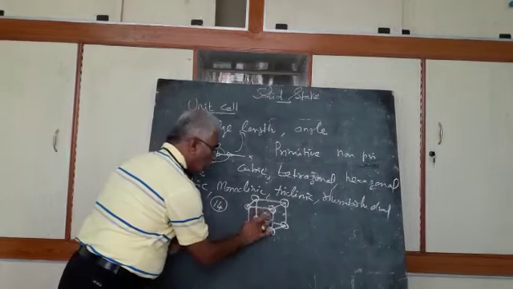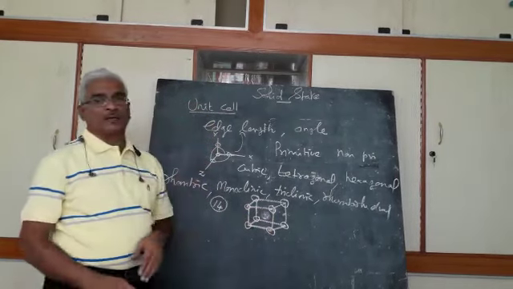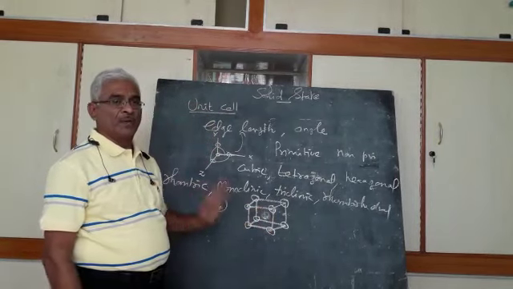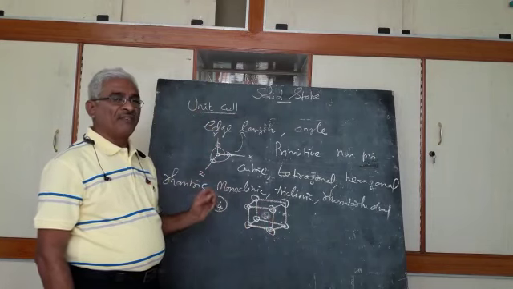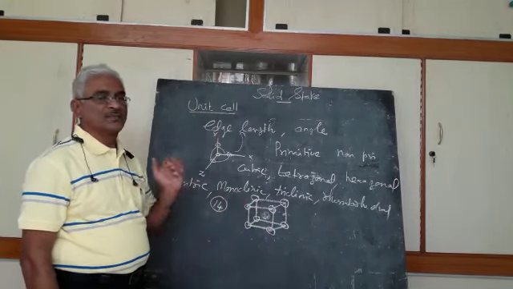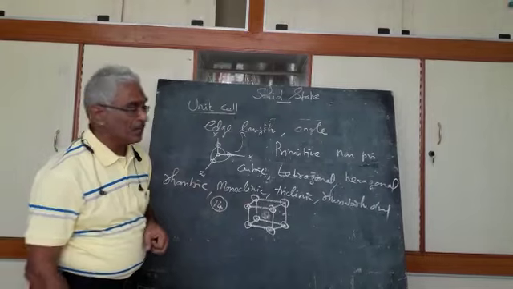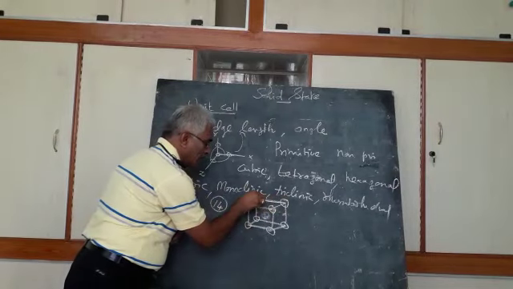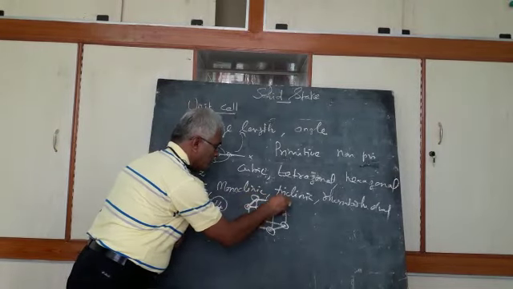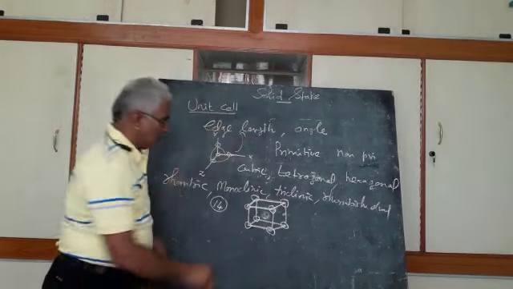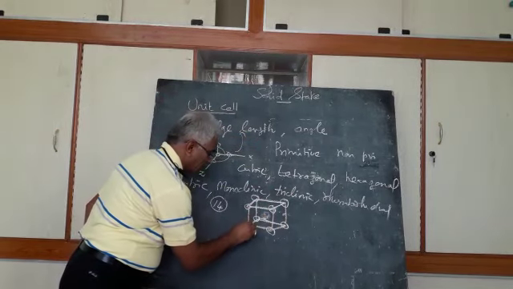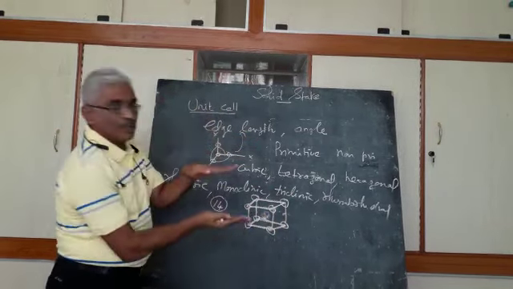See, there is one more non-primitive in the cubic. So this is again simple cubic, primitive. So you can assume faces. This cube has 6 faces. Can you identify? See the face. This is a face at the top. This is the second face at the bottom.